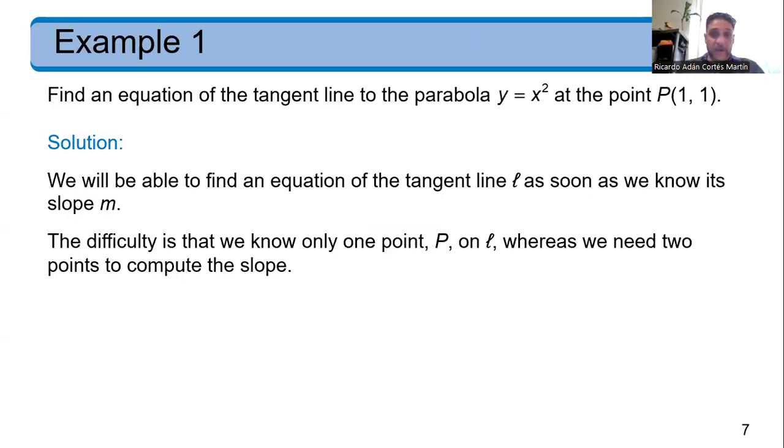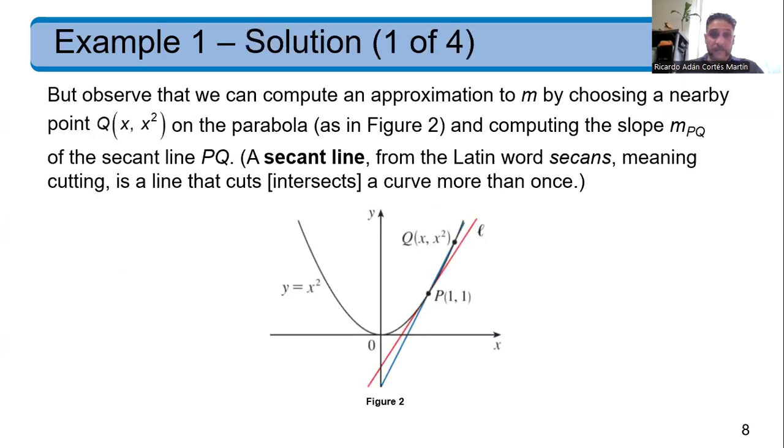We would draw a parabola like this. This is the parabola, and this point over here is the point (1, 1). And the tangent line would be this red line that we have over here. That is the line that we want to get.